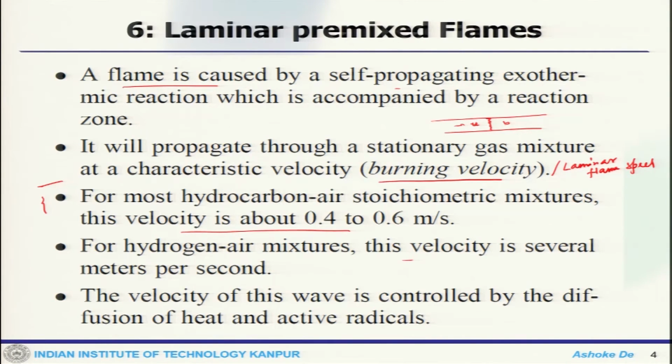Now, the velocity of this wave is also controlled by the diffusion of heat and active radicals. That is always obvious, because once the reaction starts in any reacting system, there would be formation of radicals and active radicals, and that will also produce some heat.